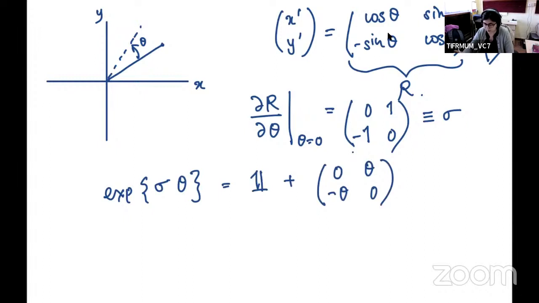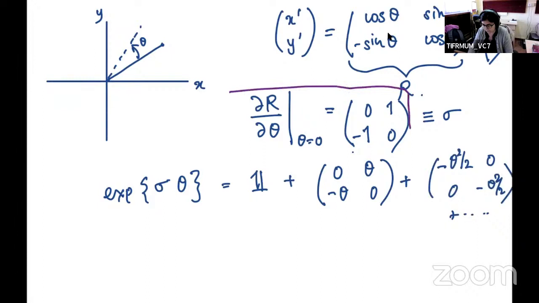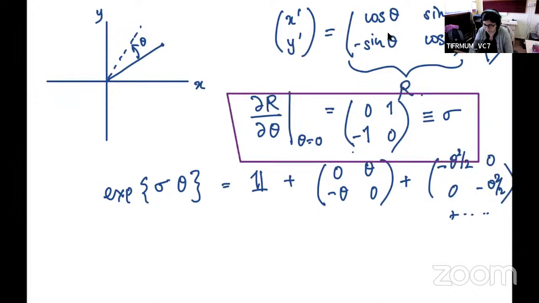And similarly, minus theta is the first term in the expansion of minus sine theta. Then you have theta squared by 2, 0, 0, theta squared by 2, and so on. So this is essentially a way of exponentiating. So you're finding this generator. So this guy is called the generator.